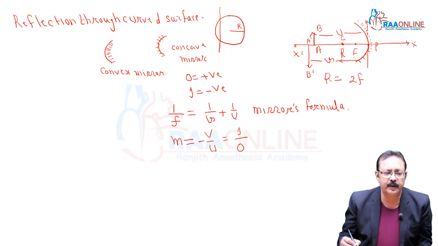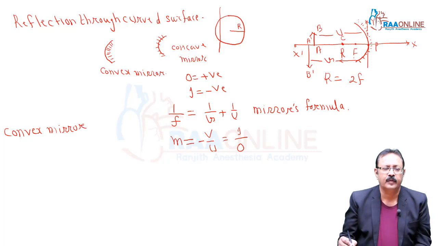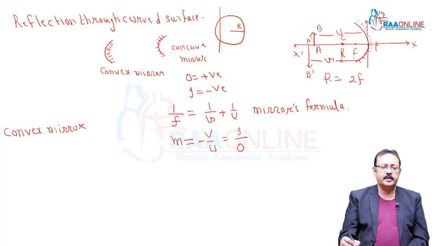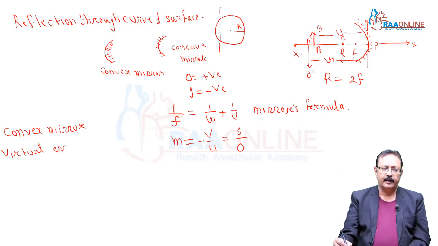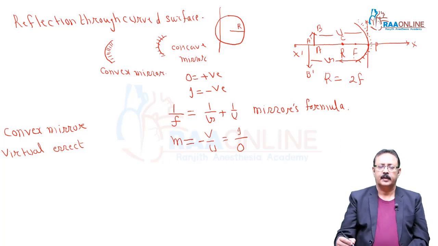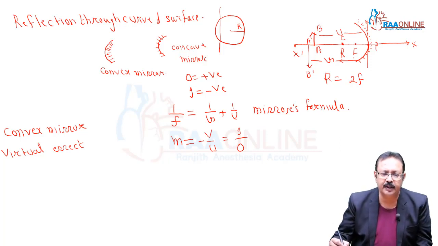First we are talking about the convex mirror. For a convex mirror, all images are virtual, meaning behind the mirror, erect and diminished.